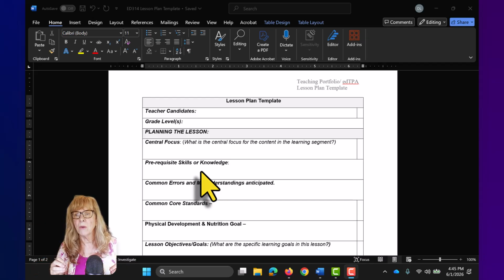So when you think about the goal that you have for this particular lesson, think about what the students really need to be able to do in order to learn this lesson, okay? And just take your best shot at it. For the common errors and misunderstandings, also think about it. You could ask AI or Google, what are some errors students make when they're learning how to add and subtract two-digit numbers?